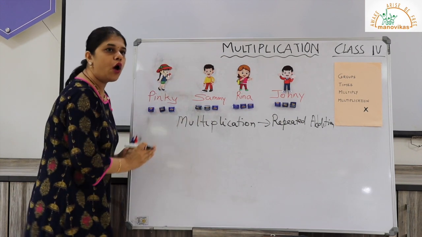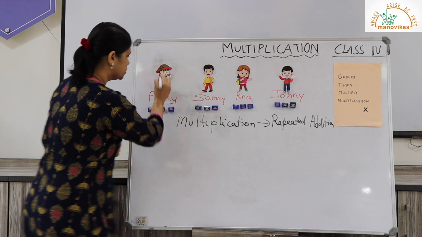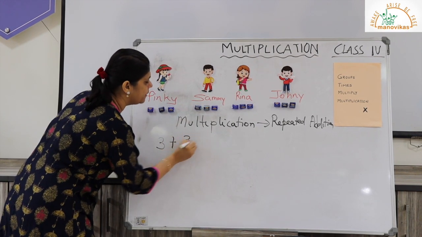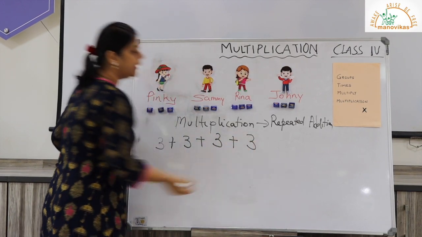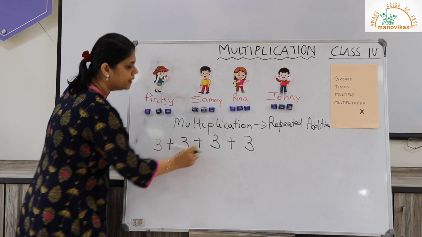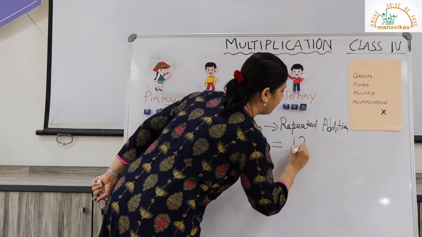Now, to know how many toffees he needs, we need to add them. So, 3 for Pinky, 3 for Sammy, 3 for Reena, and 3 for Johnny himself. So, we have added 3 plus 3 plus 3 plus 3, and that makes it 12, right?